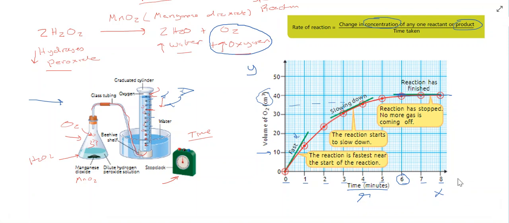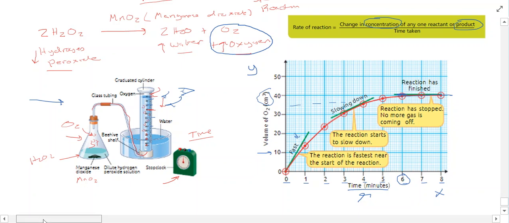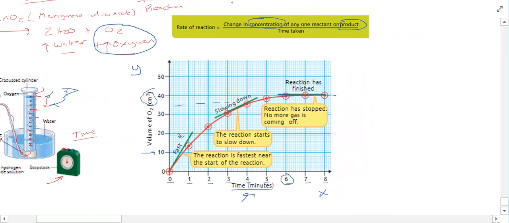So in this case, the time taken, let's just move across a little bit so we have some space to work. In the case of this reaction, the time taken is equal to, and we can read it off the graph, 6 minutes.